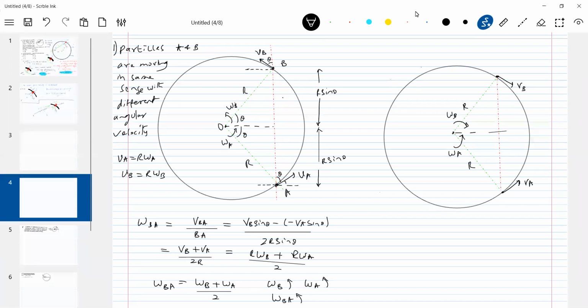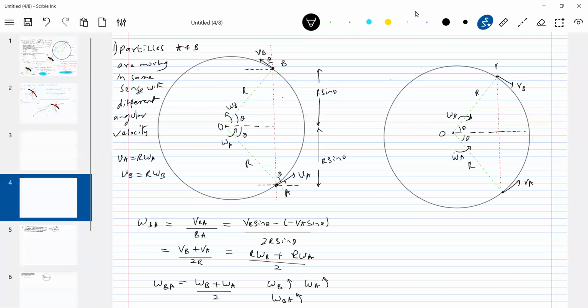So let this be theta. Look at the arrows for angular velocities. They're in the opposite sense, no? Now what will be the angular velocity of A with respect to B, or angular velocity of B with respect to A? So again, as usual, this will be R sine theta.